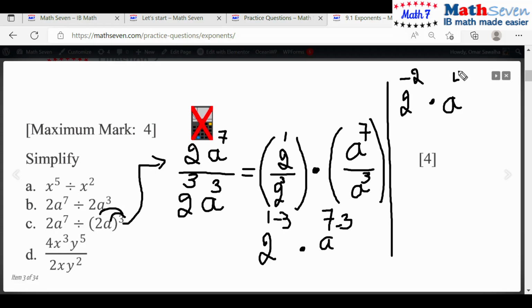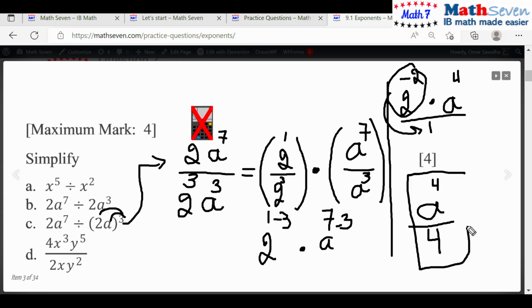Now in IB, we do not like to see negative powers. So I take the 2 to the power of negative 2 down. So this will become a to the power of 4 over 2 squared. That's your final answer.